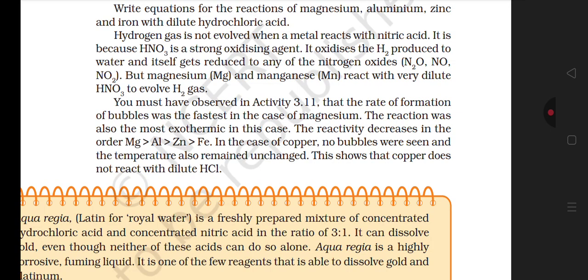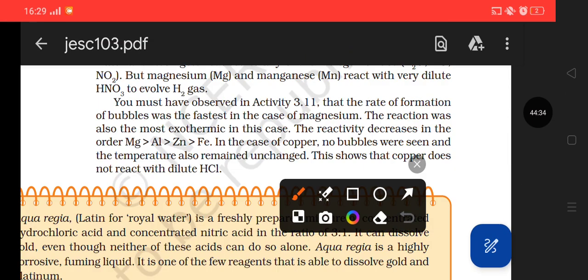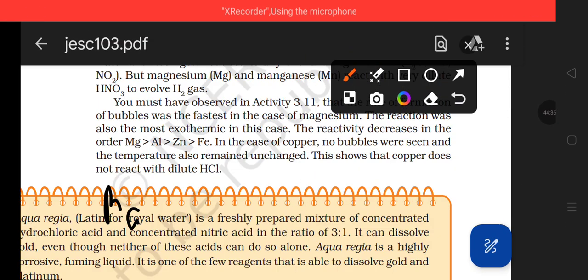So in this case the nitric acid is not able to oxidize the hydrogen gas evolved. The reaction happens like this. See, we have magnesium.